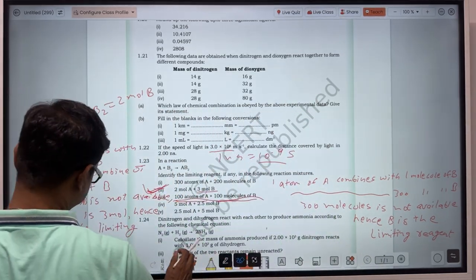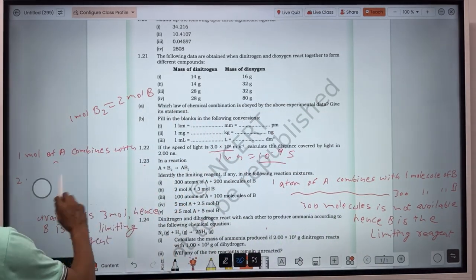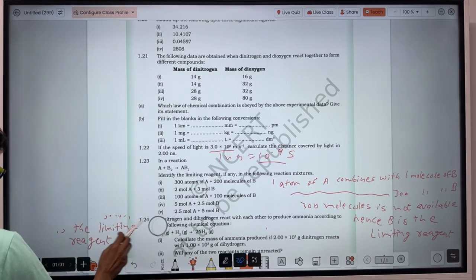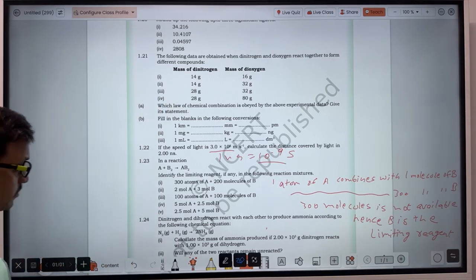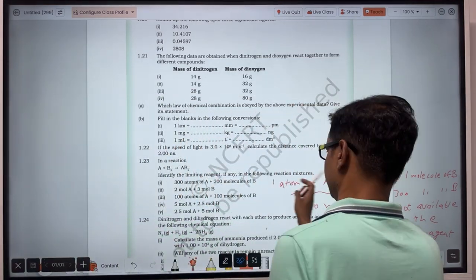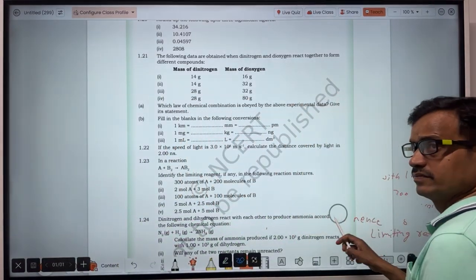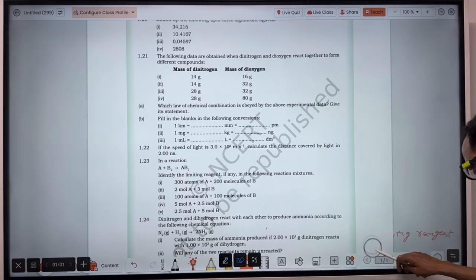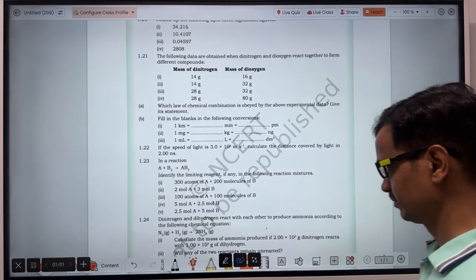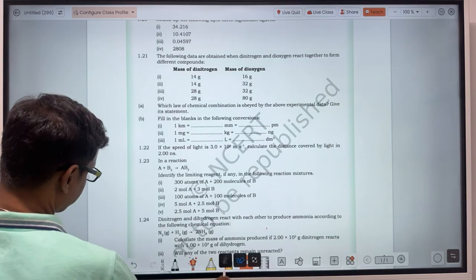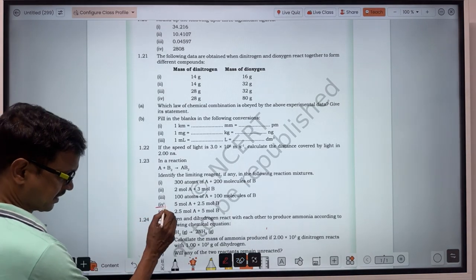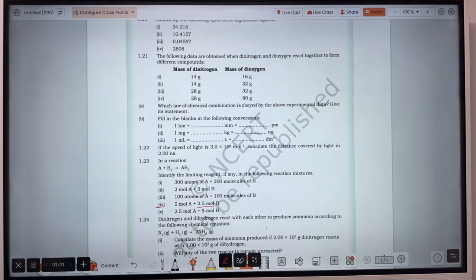How? Let's discuss. Read the question here. It is 5 mole of atom A, 2.5 mole of B2.